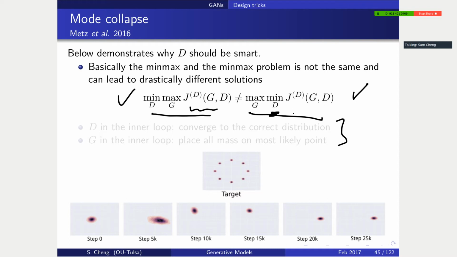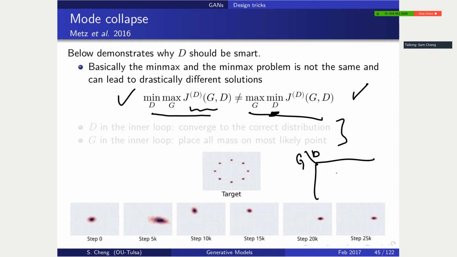I'm thinking if I can create an example. Let's see if I can scratch something. Let's say this is the discriminator, this is the generator.